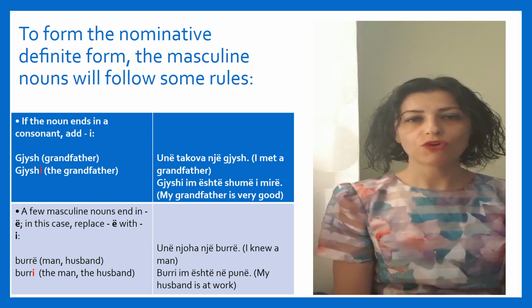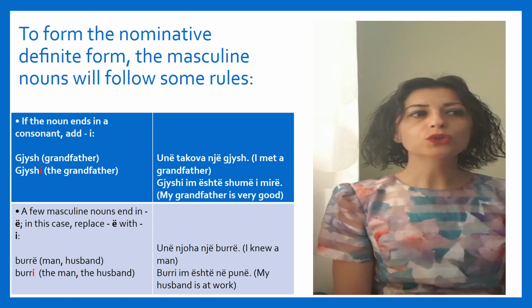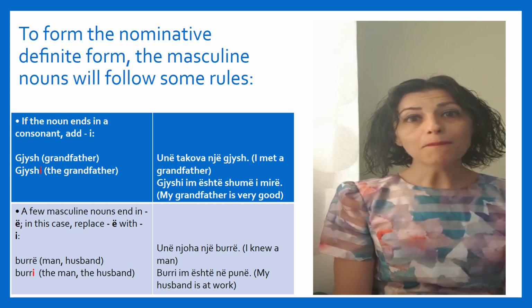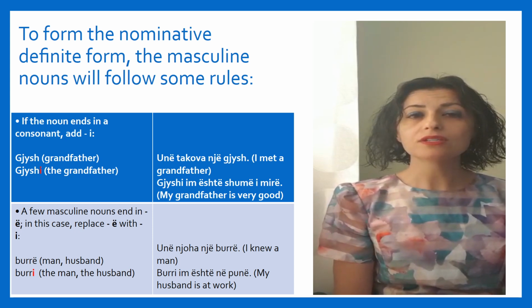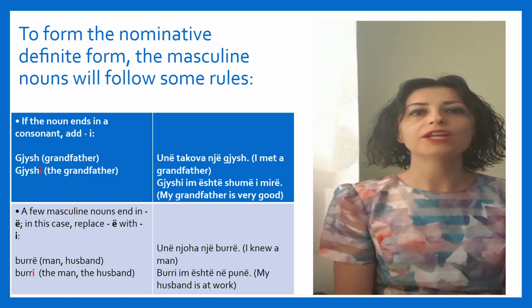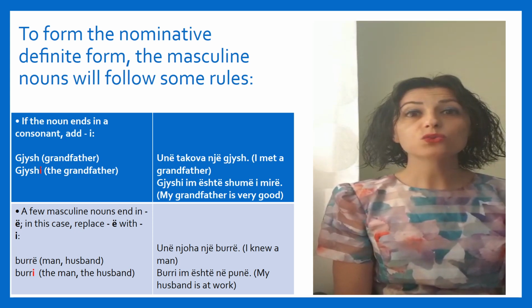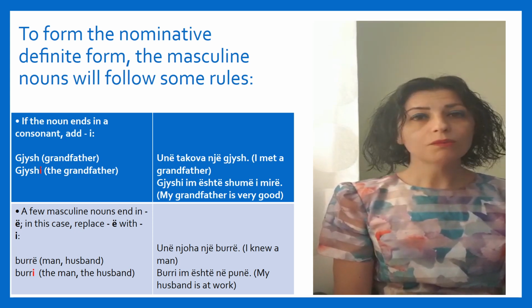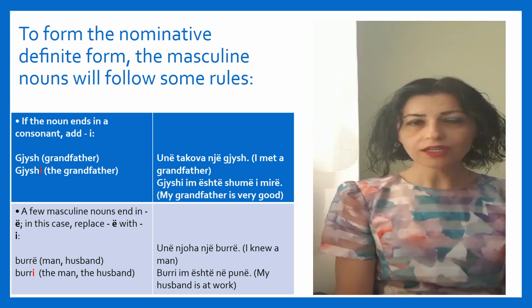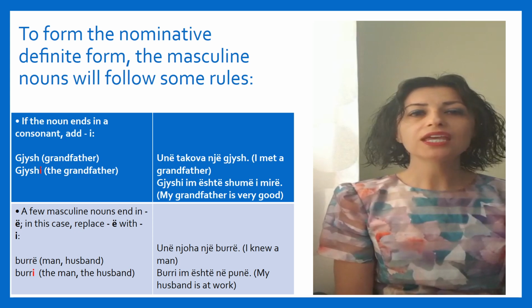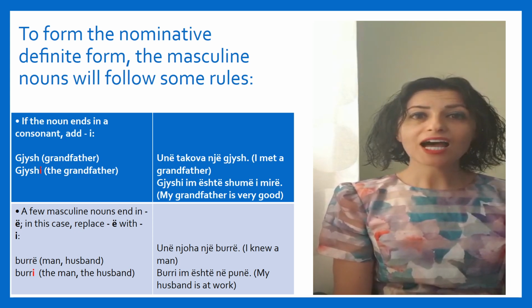make the definite form. Now, the second rule is, when the masculine nouns end in "a", and there are some nouns, not too many, but there are some nouns in masculine that end with "a", then to make the definite form, in this case the "a" will fall and it will be replaced with "i". Let's see the example.